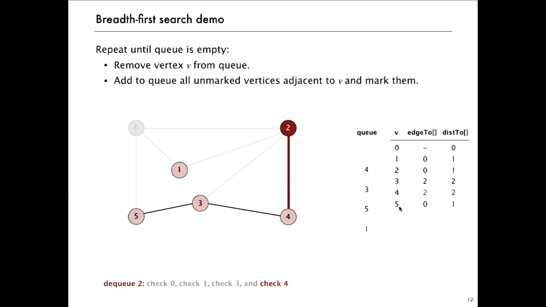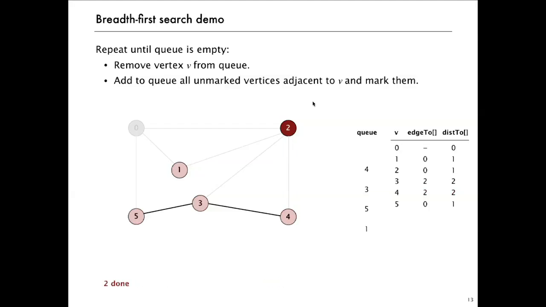Again, that's going to be a tree that gives us a path back to the source. And instead of marked, we also keep more detailed information, which is the length of the path, because it's easy to do. Okay, so we check 4 and add it to the queue, and now we're done with 2.